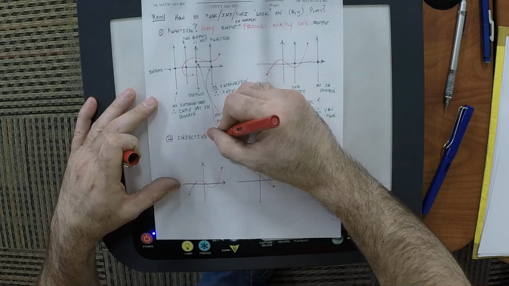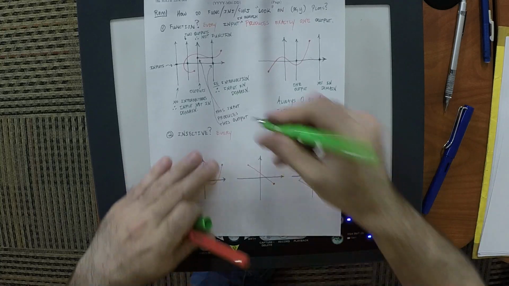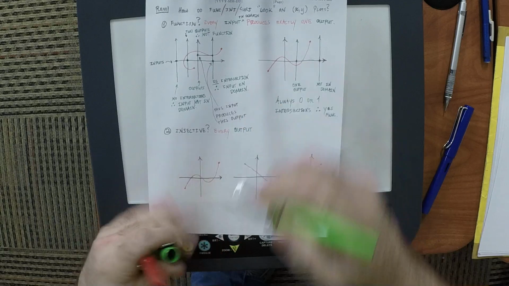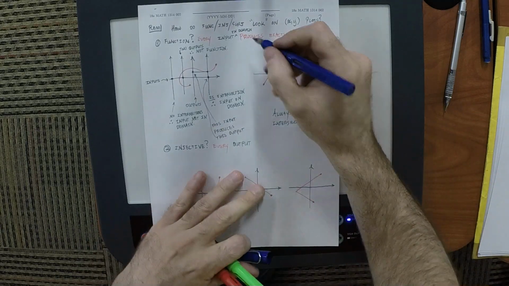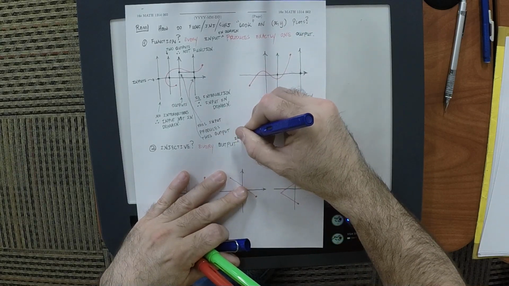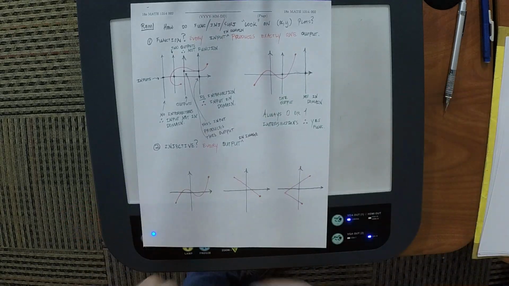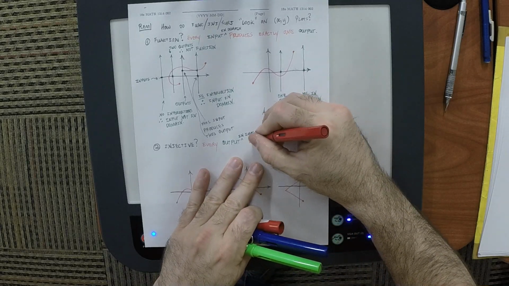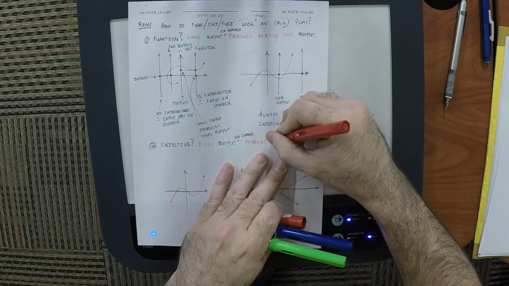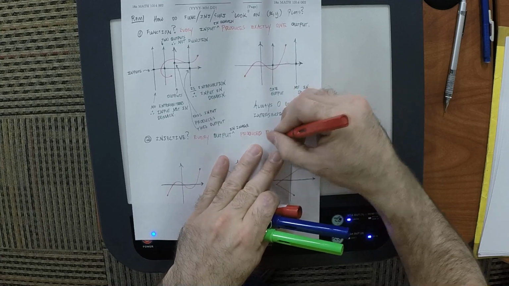So now it's every output, and now, just like we said in the domain, so now it's every output in the image is produced by exactly one input.